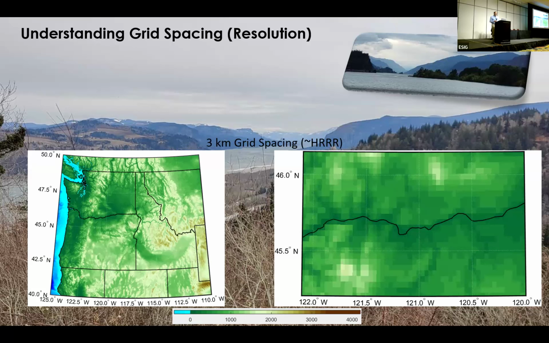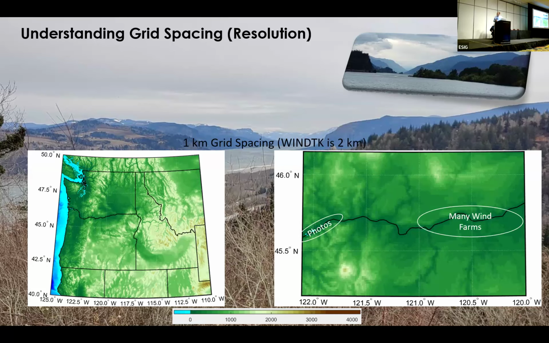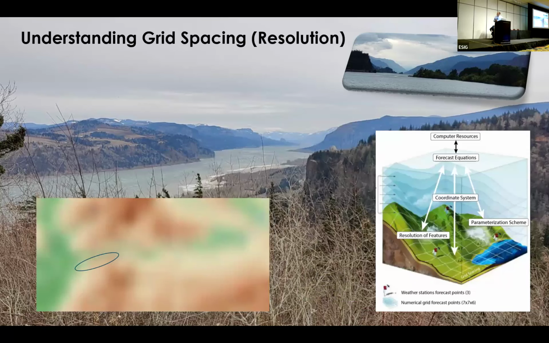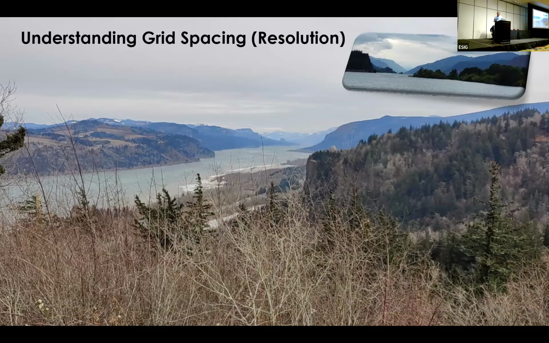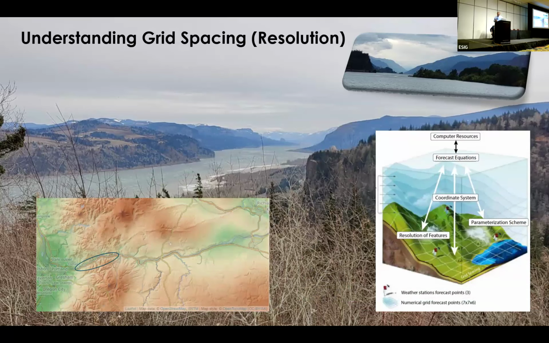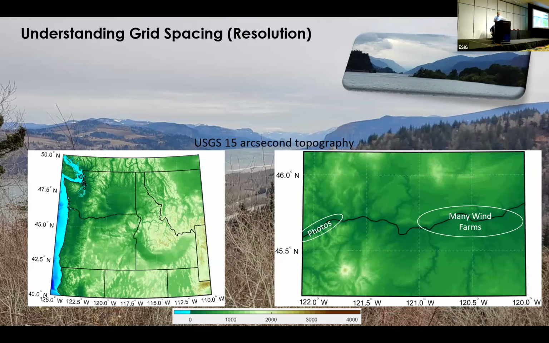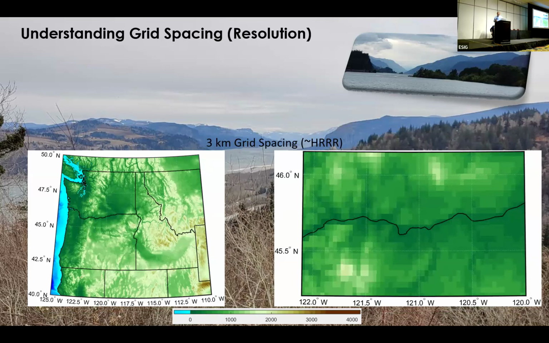This is what that looks like at 3 kilometers. So now you've gone to the grid spacing of the HRRR. You can see we're already kind of blurring the picture. And when we zoom into this region, the mountain here, Mount Hood, so this is 15, this is 1, this is 3.